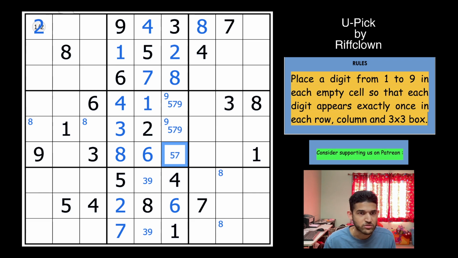7 in row 1, row 3, so that gives 7 here, these two cells. What more do we have? Look at row 1, where does the 1 go? 1 is not here, 1 is not here, so 1 has to be here, forced. And because of these two ones, 1 is forced into this domino.